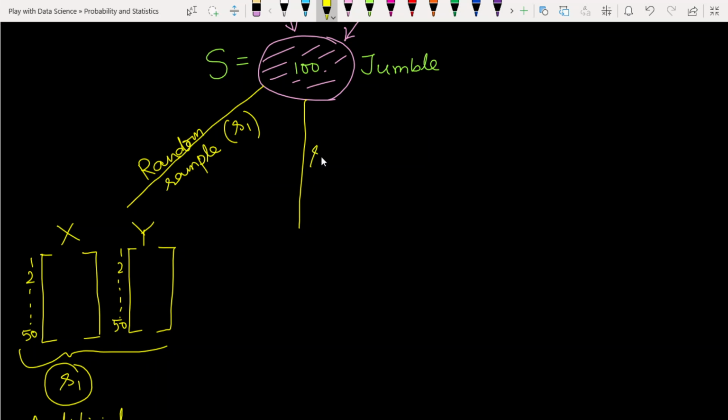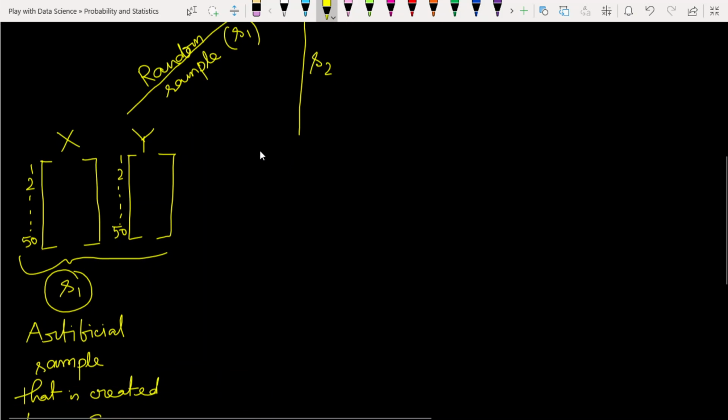We will create a random sample S2 and randomly select 50 points, and we will put them in the set X, repeatedly doing this same thing.